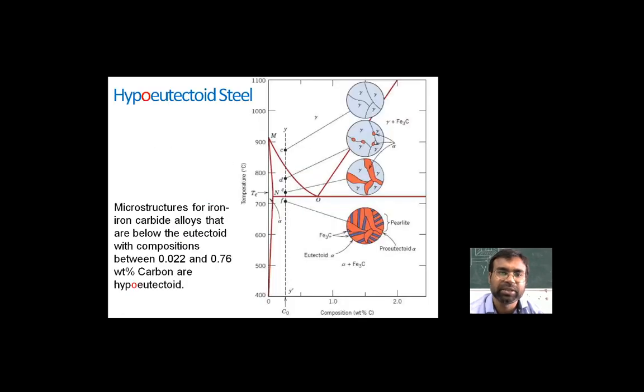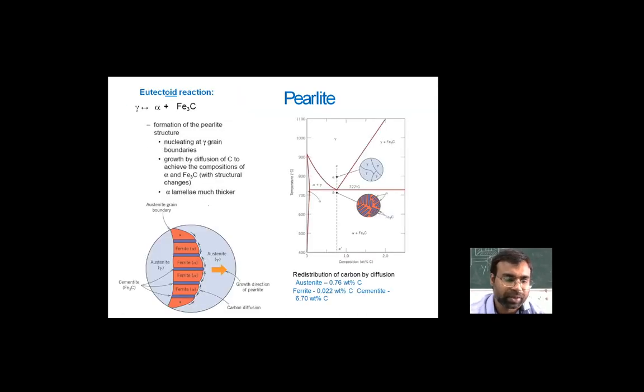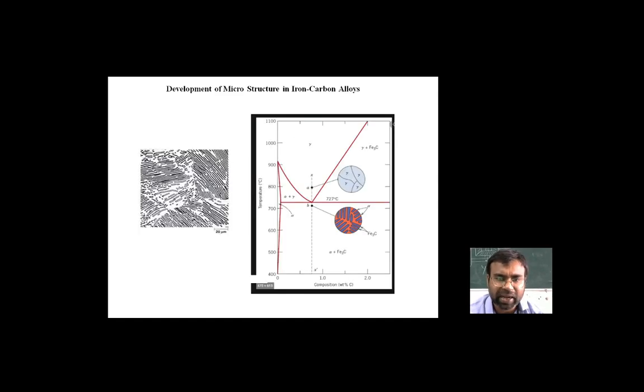Before proceeding, we are discussing the development of microstructure in the iron carbon alloy, and the various microstructures that may be formed.